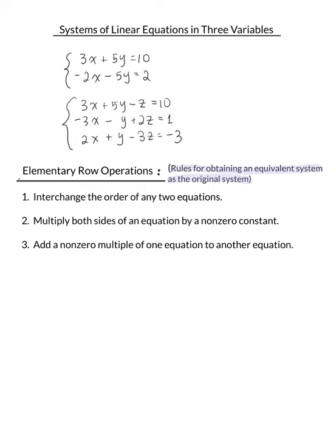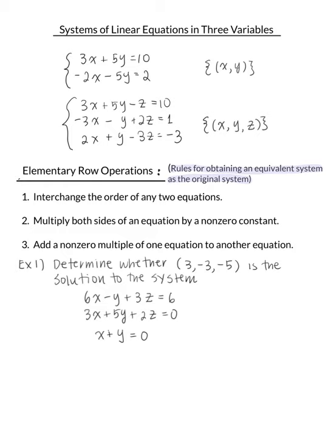Now, for 3 equations and 3 unknowns, your solution set is going to be some value of x, some value of y, and some value of z. Whereas if you're given a system of linear equations in 2 variables, your solution set is whatever the x value is and whatever the y value is. With that said, let's take a look at an example.